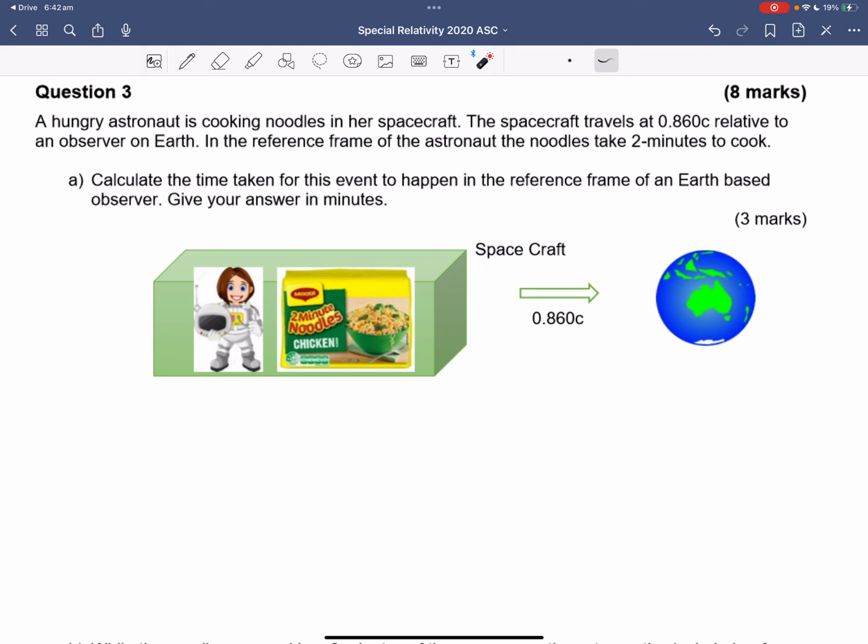Remember, the astronaut is at rest with respect to the noodles, so the astronaut will measure a proper time of 2 minutes. Since the Earth-based observer is not at rest with respect to the noodles, the Earth-based observer will observe a dilated time.